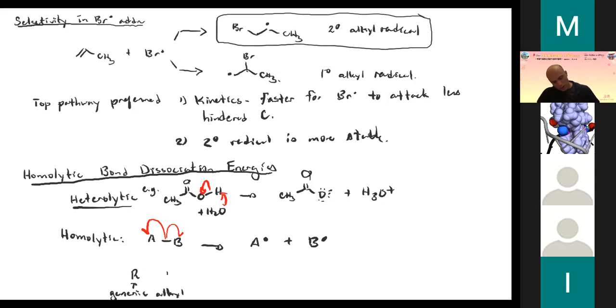I have RH, and then I cleave the bond of interest homolytically. Those numbers can be experimentally determined. The H dot part is the same no matter what type of CH bond I'm talking about, tertiary, secondary, primary. The differences in homolytic bond dissociation energy are attributed to the stability of R dot.